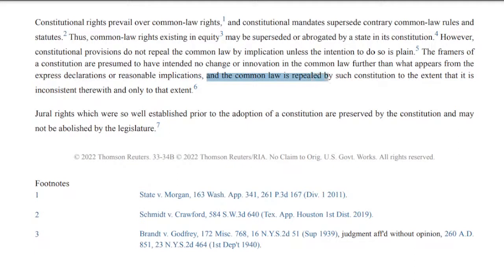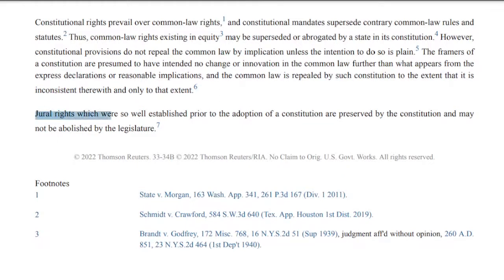And the common law is repealed by such constitution to the extent that it is inconsistent therewith, and only to that extent. So only inconsistencies between the common law and the Constitution are presumed to have any effect; there can be no repeal of the Constitution by common law.